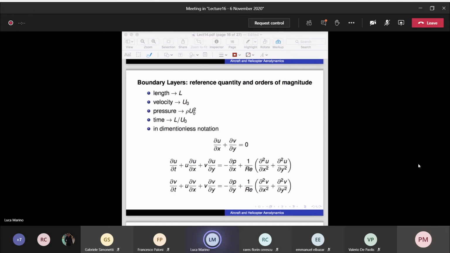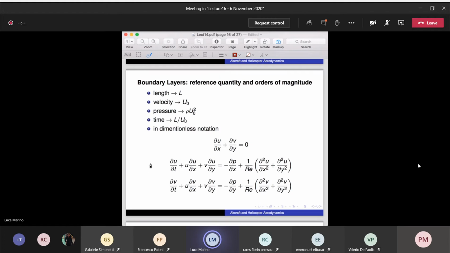Now, if I repeat the same procedure for the diffusive term, I have the second derivative of u over x squared. I have to multiply for u0 and to divide for the square of L, okay?